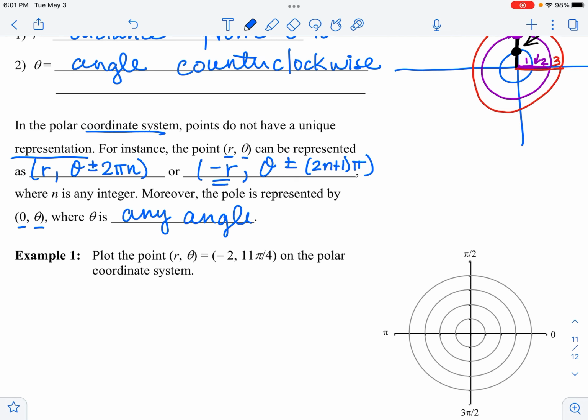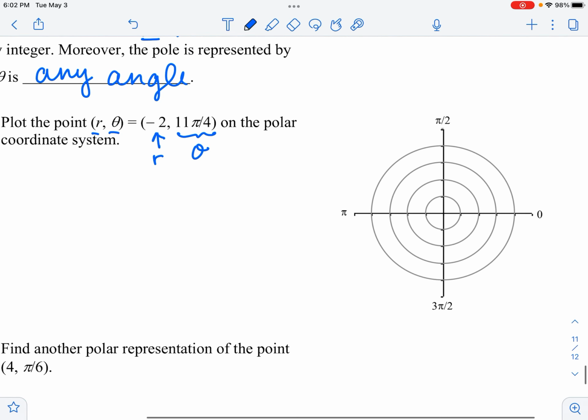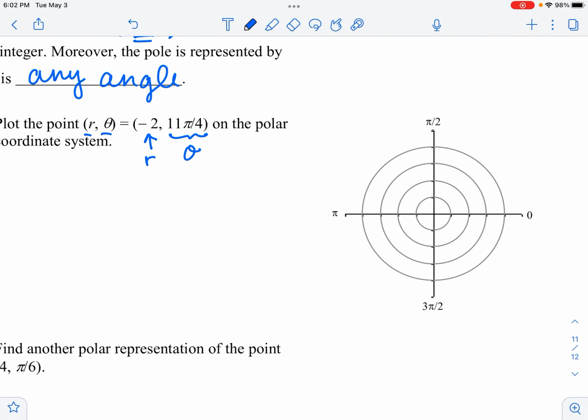Okay, so for this example, we're going to plot r, comma, theta, where r is negative 2 and theta is 11 pi over 4. So let's find 11 pi over 4. Well, I know this is 0, pi over 2, pi, and 3 pi over 2. And then back here would be also 2 pi.